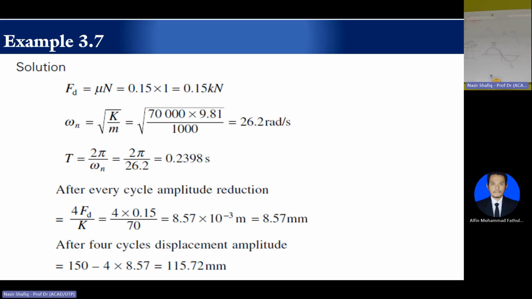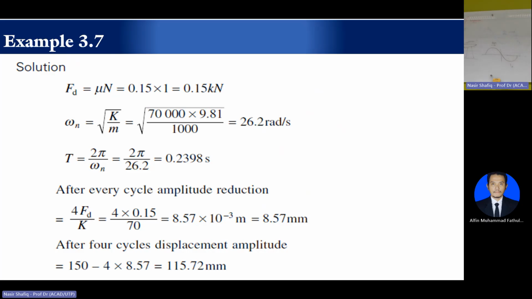From there, FD is 0.15 and K is 70 kilonewton per meter. This is kilonewton, so we are putting kilonewton per meter. So 4 FD upon K will be 8.57 times 10 to the power minus 3 meter, or 8.57 mm.